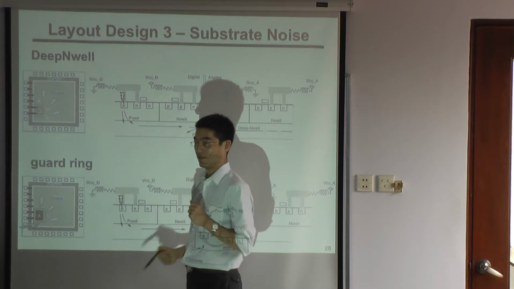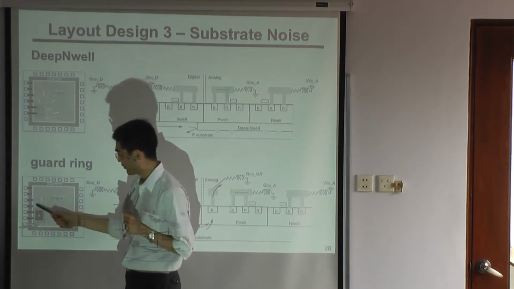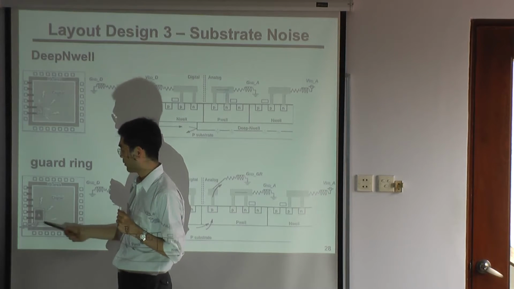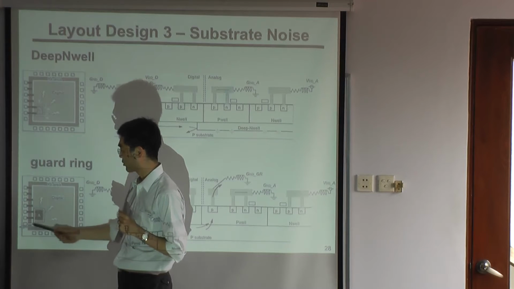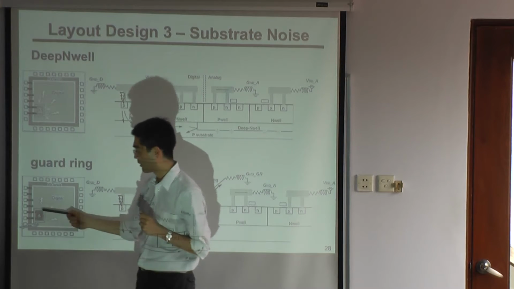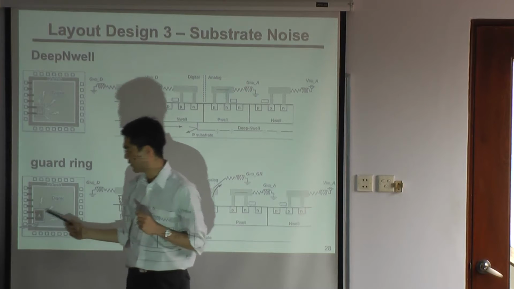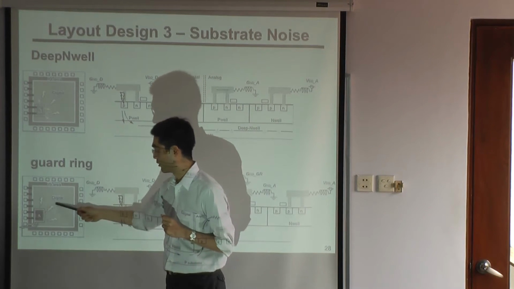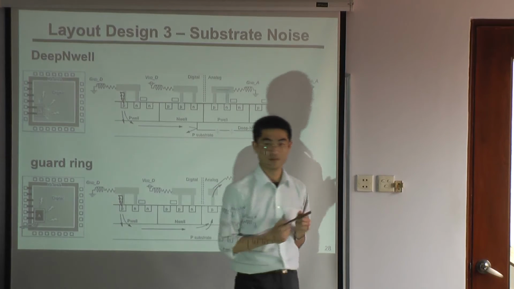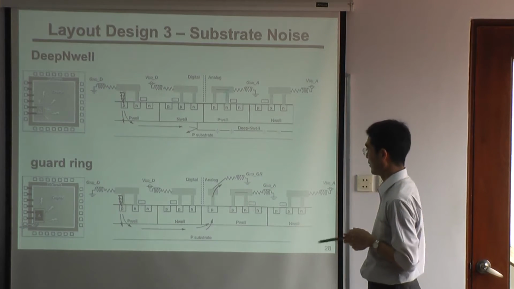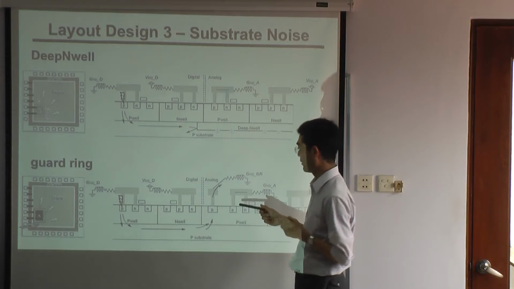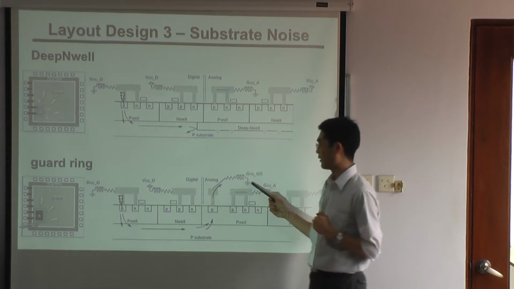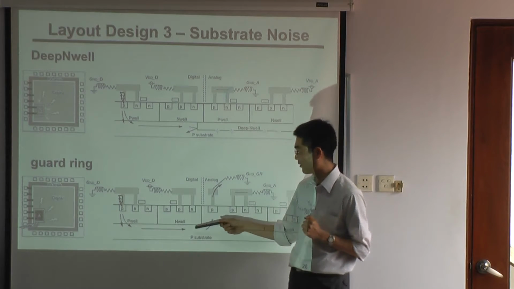And guarding. Guarding means we put the ground connection around the analog part and bring it around as a guard, so that the digital noise does not get in. However, the problem is that the guarding itself has inductance, so high-speed signals do not work well.